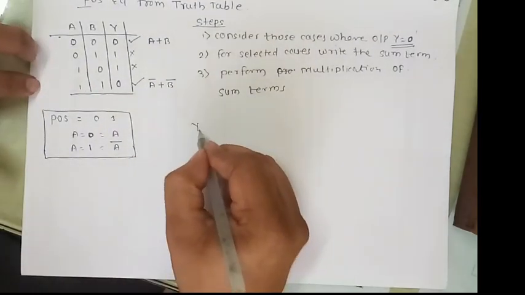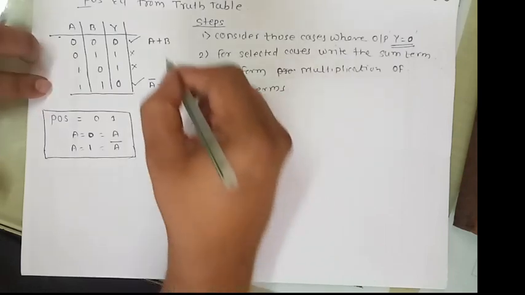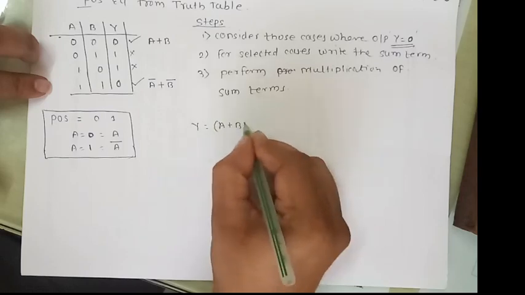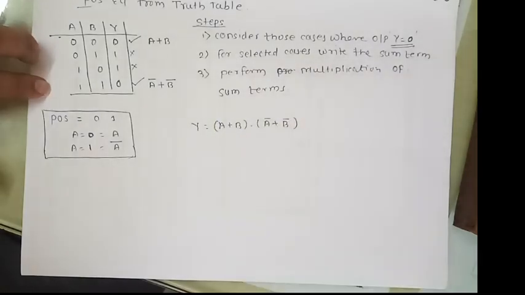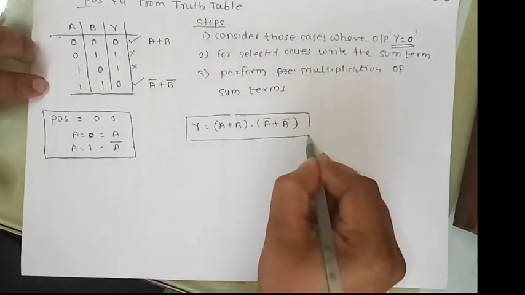So finally we will write Y is equal to the product of these two terms, (A plus B) into (A bar plus B bar). So this is our final POS equation.